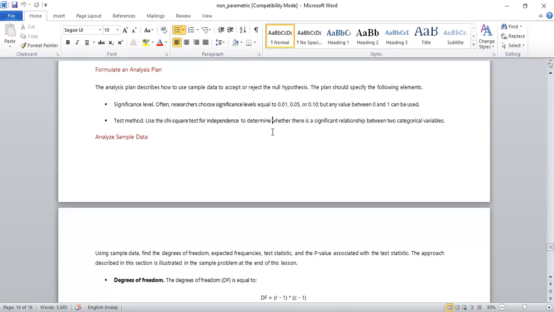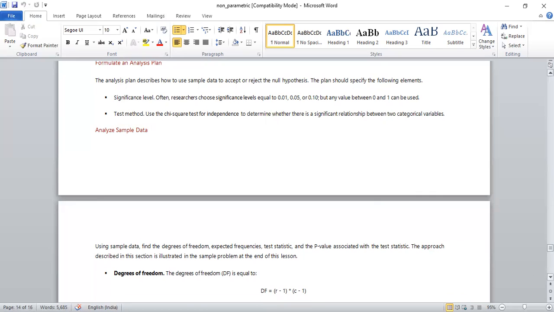Now analyze the sample data: using the sample data, find the degrees of freedom, expected frequencies, test statistic, that is the chi-square statistic, and the p-value associated with the test statistic. The approach described in this section is illustrated in the sample problem at the end of the lesson.